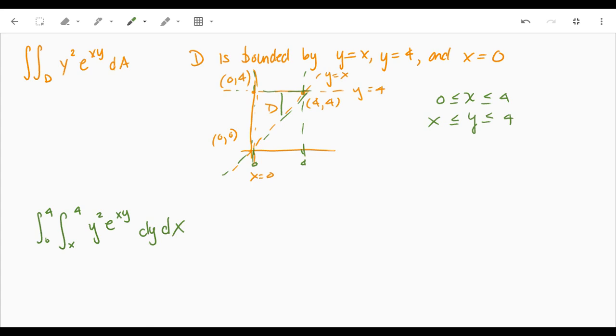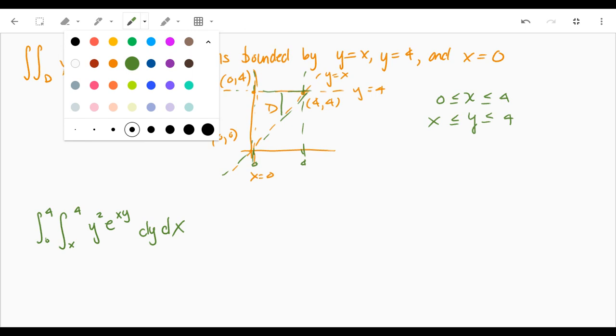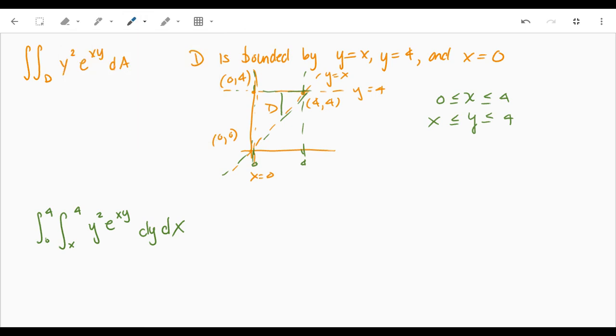The other way to do it, we could say, well, y is between 0 and 4. And x here is between x equals 0 and x equals y. That also gets us the same boundaries.